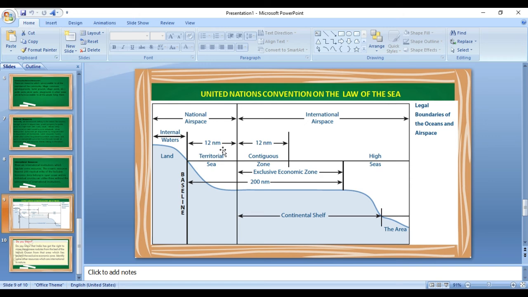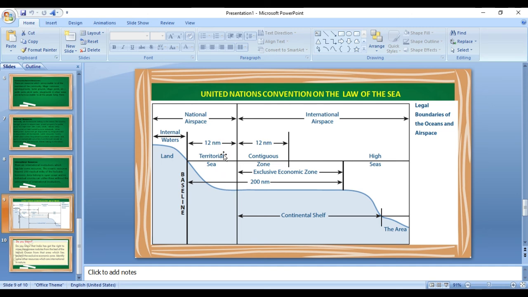No country has authority to fly into our 12 nautical miles. No ship without our permission can move into our territorial sea. That is a punishable offense according to international law. And only the Indian government is allowed to do mining in this area. So air is ours, water is ours, and the seabed is also ours.